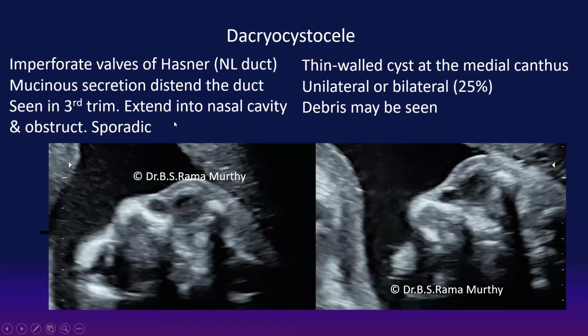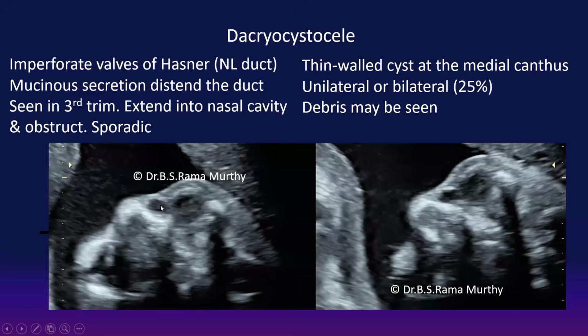It can be unilateral, most often unilateral in 3/4 of the cases, sometimes bilateral in 1/4 of the cases as well. And classically, it's seen as a thin-walled cyst at the medial canthus between the nose and the medial surface of the orbit. This cystic lesion that you can see, that's the classic dacryocystocele.